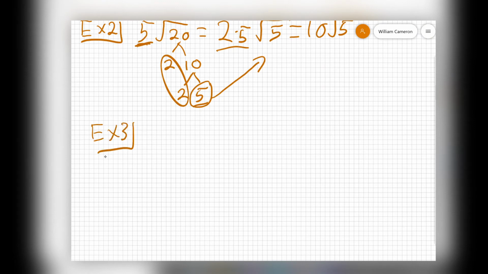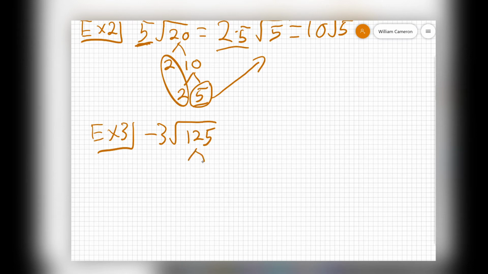Example 3. We have negative 3 square root of 125. Now, 125. Maybe off the top of my head, I don't know what divides into that right away. So let's think about it. 125, it ends in a 5. So that means 125 is also divisible by 5.